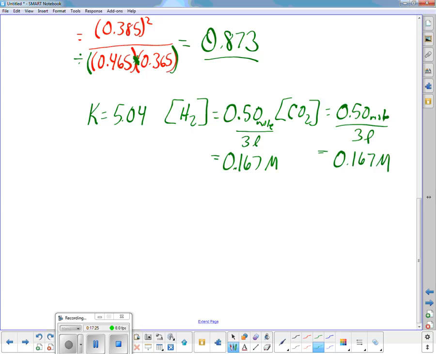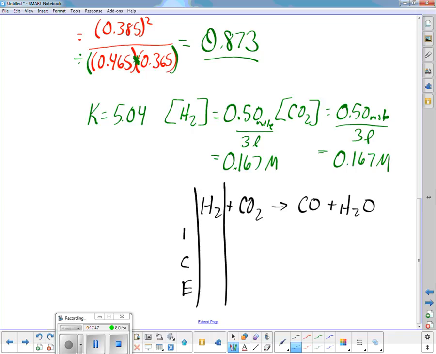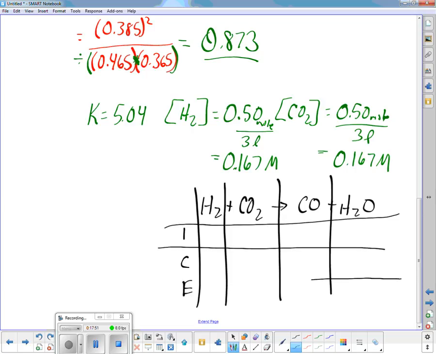Everybody okay? I'm going to change from green because it's bugging me. Okay, so we had H2 plus CO2 going to CO and what? My brain just left. H2O. Okay. And these are all gases. So I'm going to set up an ice chart because what we have is initial. Okay, so initially we have 0.167. I didn't give myself very much room there, sorry.